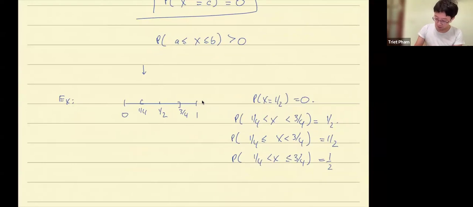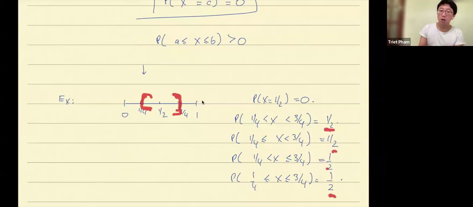Will also be equal to this. All right. So the difference, of course, is the equality added on the ends. So with continuous random variables, whether it's an open interval or a closed interval doesn't matter in terms of the probability, because the probability it takes on any particular value will be 0.